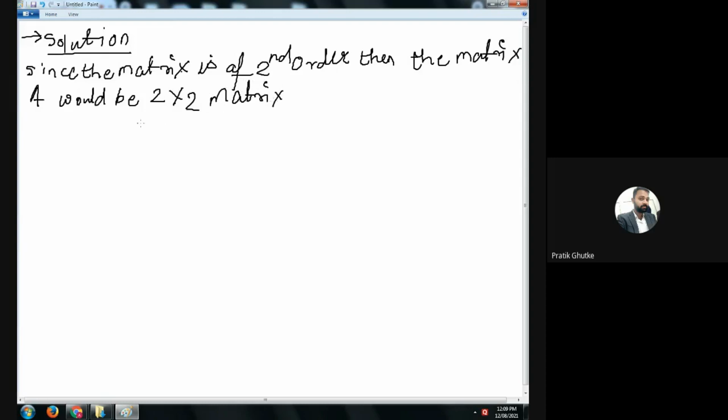Let capital A equal A1, A2, A3, and then A4. So I have to calculate the values of small A1, A2, A3, and A4. When we calculate the values, I will get the matrix A.